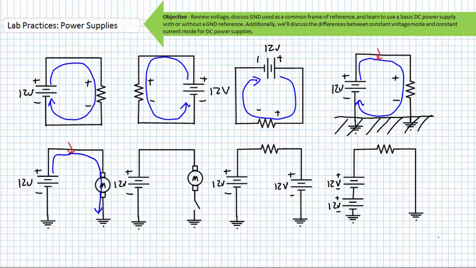The positive lead is therefore 12 volts higher than ground, and that is connected to the motor, and the motor is connected to an open switch. When the switch is open, current can't flow, and the motor won't run. When the switch is closed, it simply provides a path to ground, and the motor now runs.